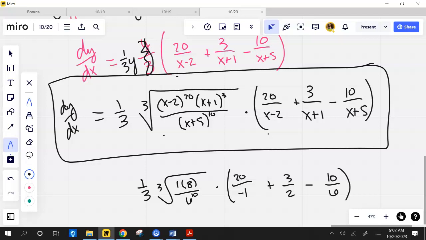I got negative 0.017 for the whole thing. I did 8 over 6 to the 10th, and I took the cubed root of that.